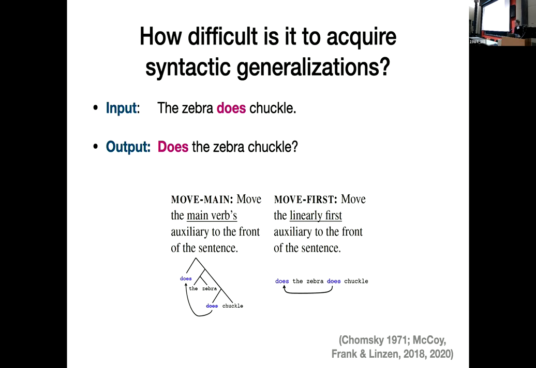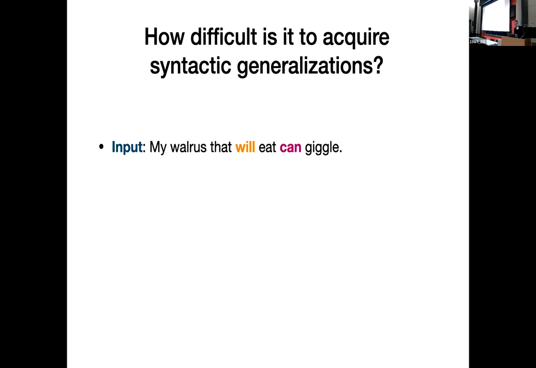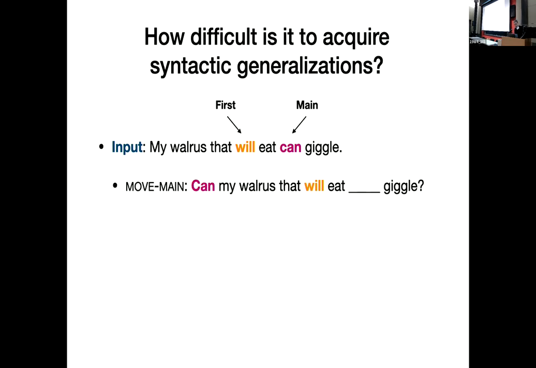But in some cases, these two rules will make different predictions. So let's look at the input, my walrus that will eat can giggle. Here, the first auxiliary in the sentence is distinct from the main auxiliary. If we learn the correct rule, which is the rule that children end up learning, we will create the question, can my walrus that will eat giggle? That's the correct question.